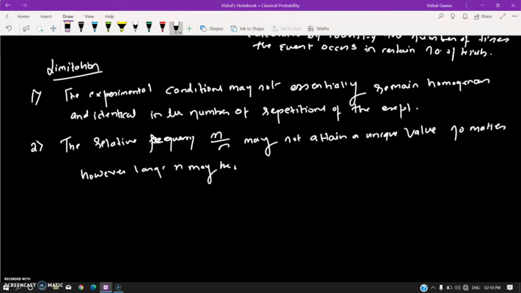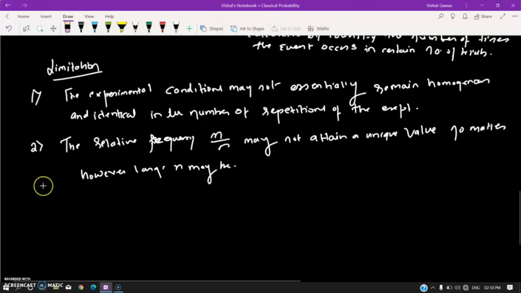Because it's just a limit. So as my n goes higher and higher, the relative frequency may not attain a unique value. That's what the limitations are, right?